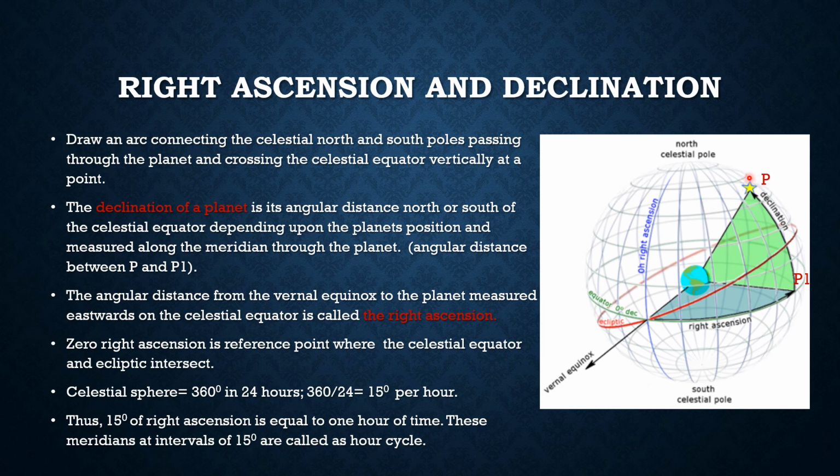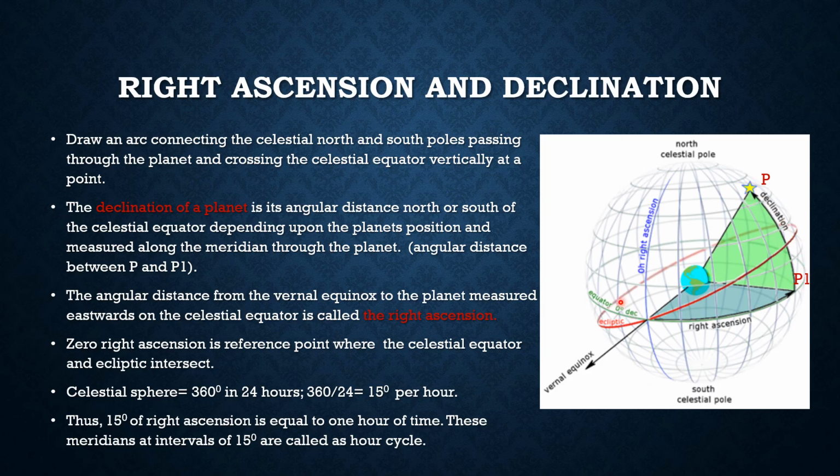So the declination of the planet will be the distance from P1 to P. This angular distance is the declination of the planet.